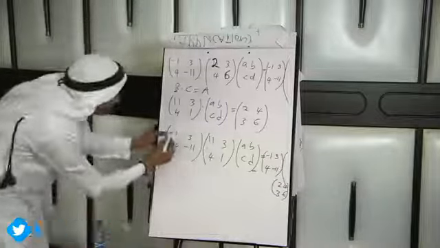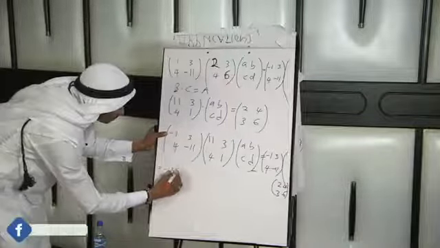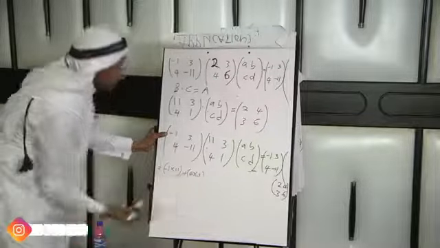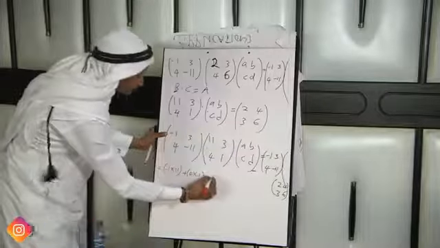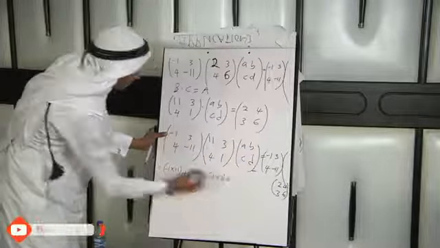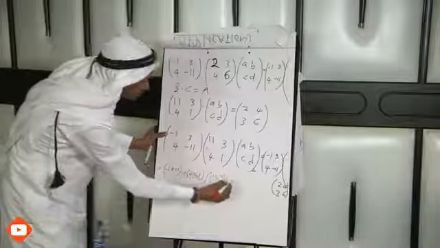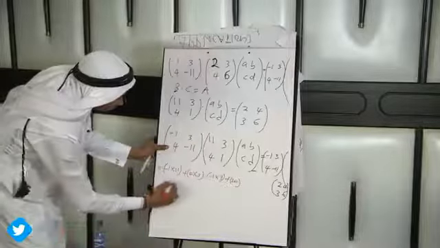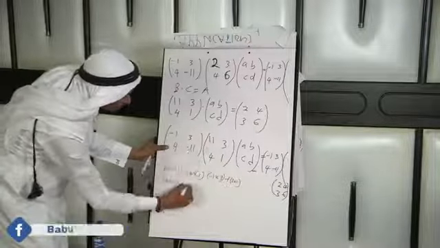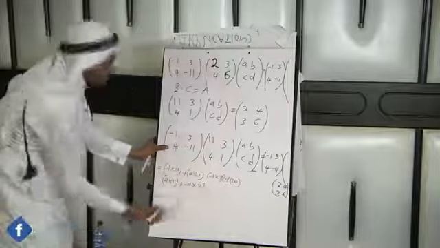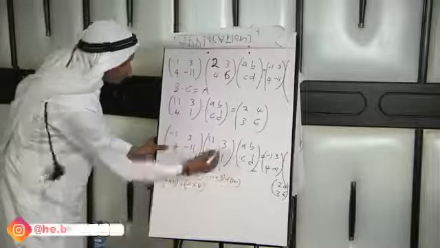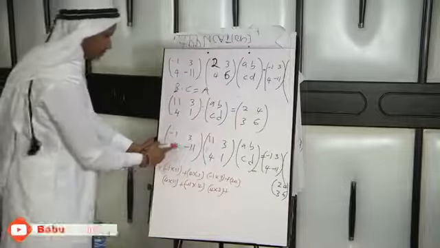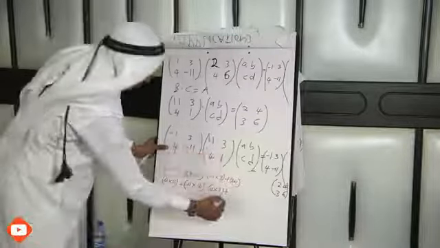So here we have minus 1 times 11 plus 3 times 4. Then minus 1 times 3 plus 3 times 1. Then here 4 times 11 plus minus 11 times 4. Then here we have 4 times 3 plus minus 11 times 1.